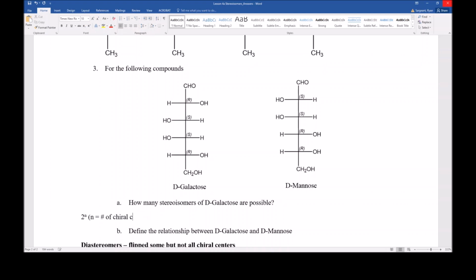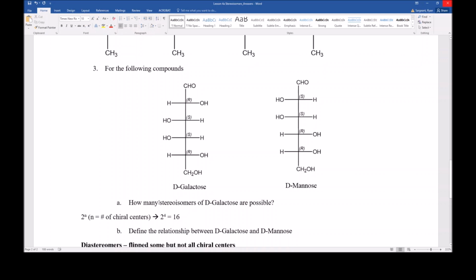And that tells me that I have 2 raised to the power of, and there are 4 chiral centers that are labeled for you. 2 to the 4th. And 2 times 2 is 4, times 2 is 8, times 2 is 16. So that means that there are 16 total stereoisomers in the family.